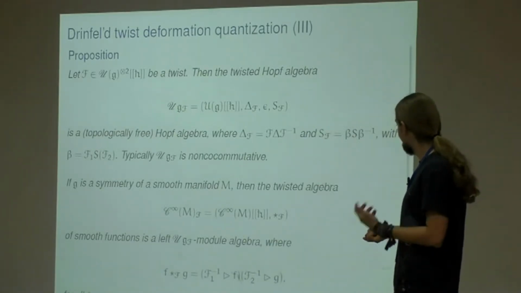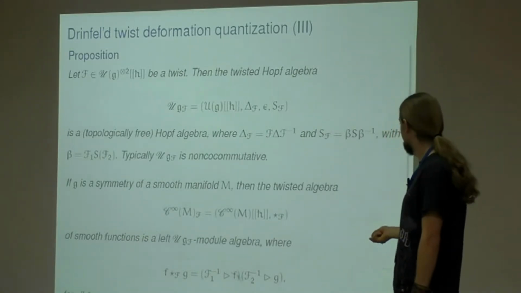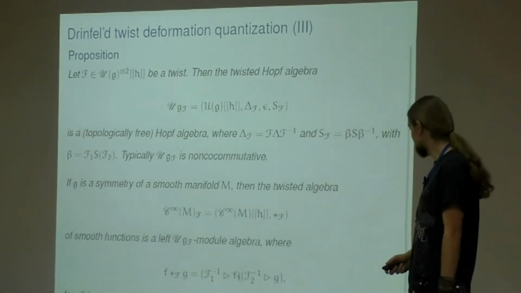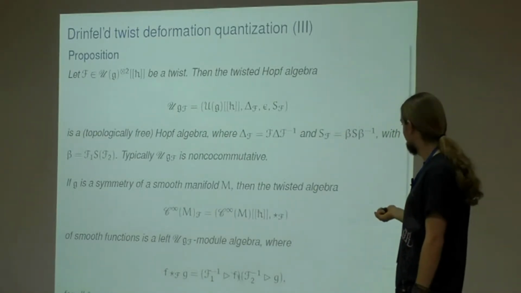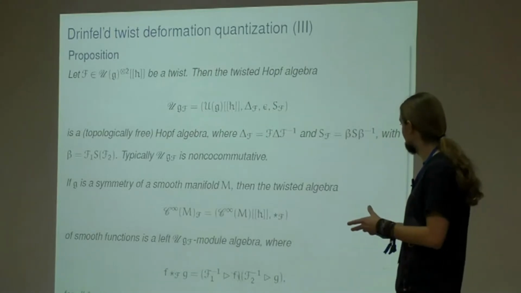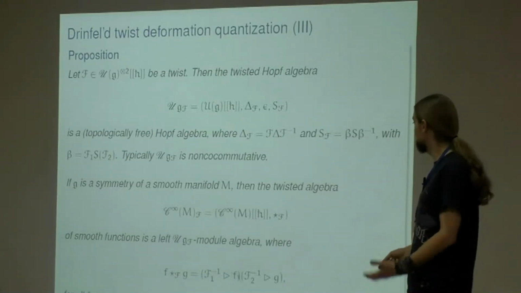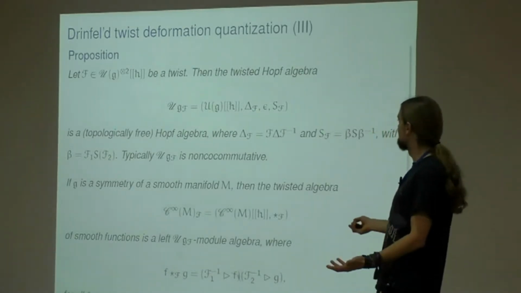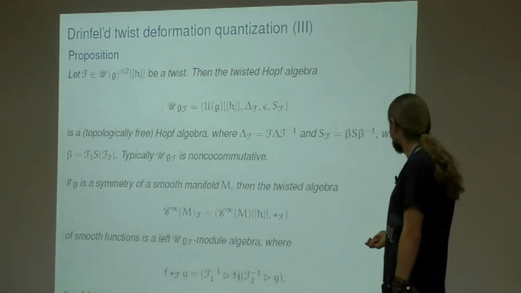So again, F1 is the first leg of the twist, and F2 the second one, and -1 means that I'm looking at the inverse twist. And if I act with the first leg on F and with the second leg on G, and I multiply afterwards, I can prove that this really gives a product on this space. And one can prove that this is actually really a star product. And okay, this is what Drinfel'd twist deformation quantization is about.